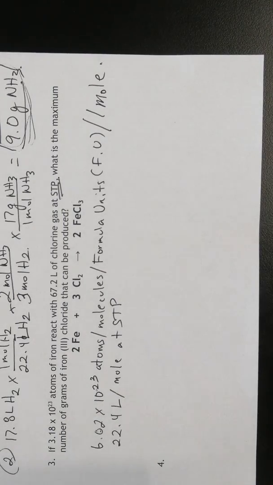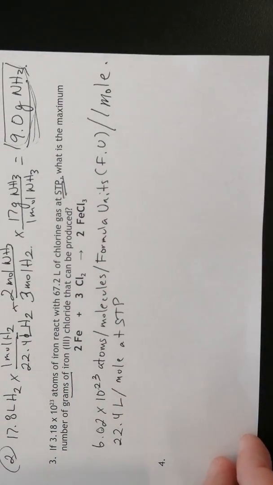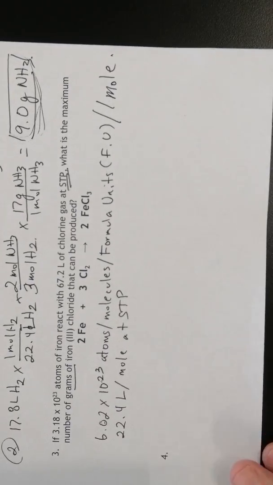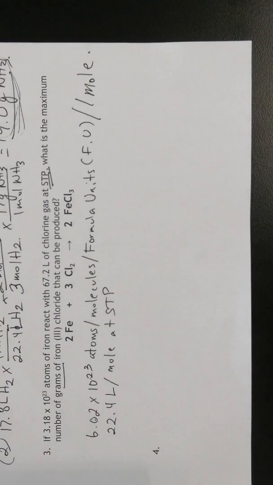What is the maximum number of grams of iron 3 chloride that can be produced? The nice thing is that they balance the equation for us, so at least that piece of work is finished.